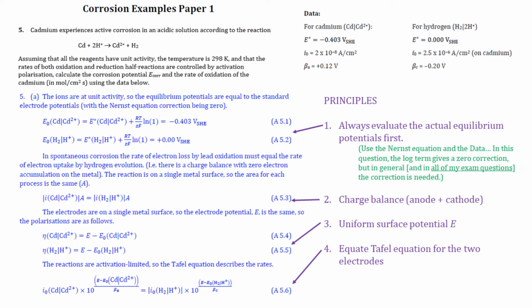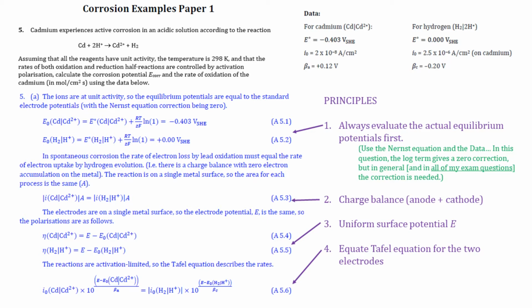Okay, questions 5 and 6 are very similar to each other because they're very important. There's two versions of the same sort of question. These questions ask you to calculate the speed of a spontaneous corrosion process in which the Tafel equation is describing the speed of each electrode half reaction. So question 5 says, cadmium experiences active corrosion in acidic solution according to the reaction: cadmium metal plus 2 protons gives you cadmium 2+ plus some hydrogen gas.